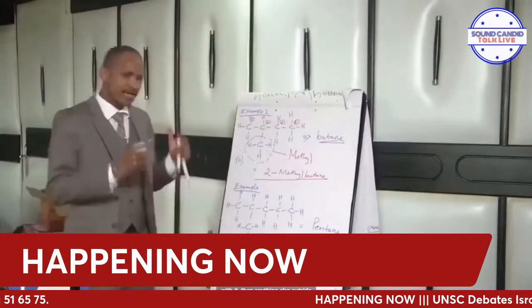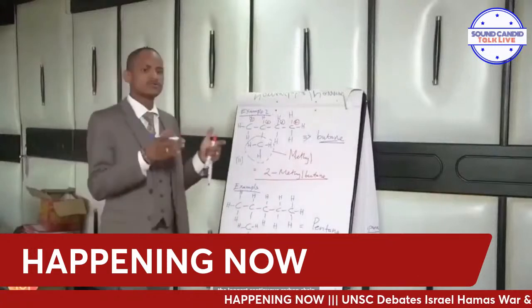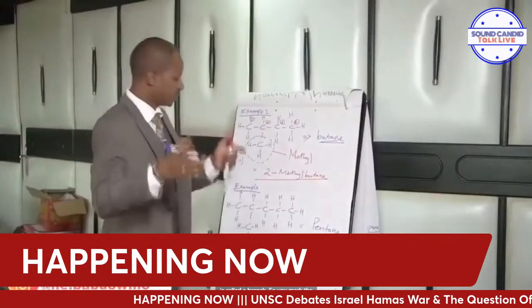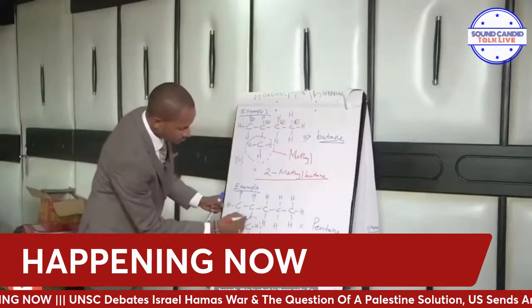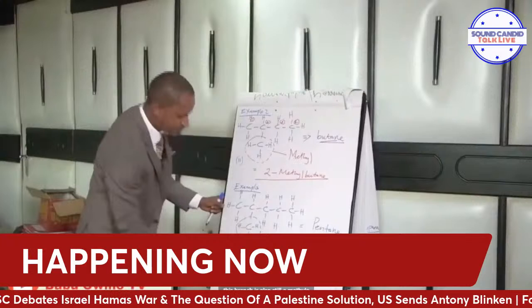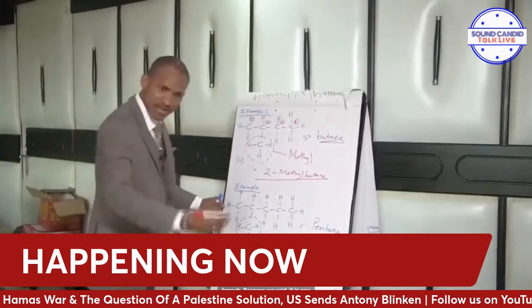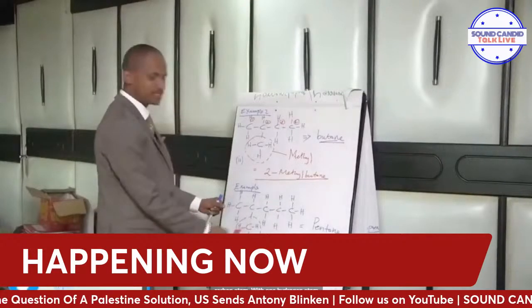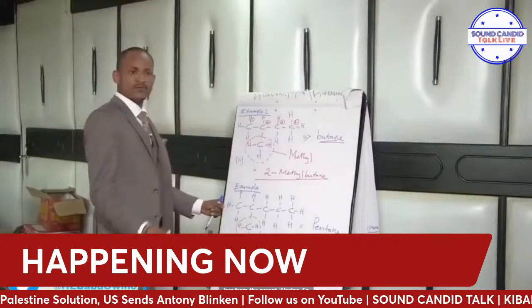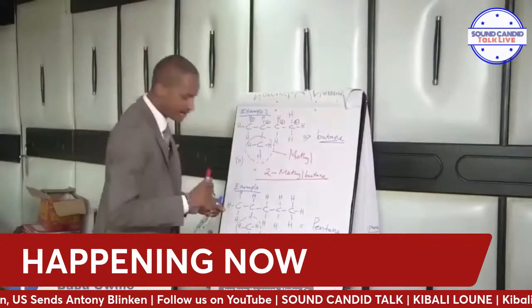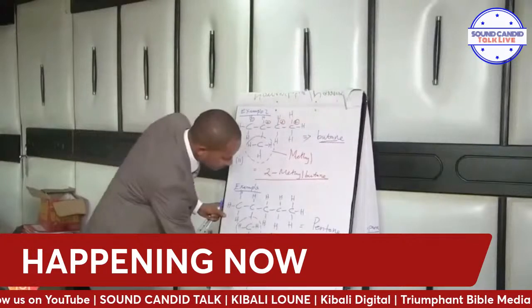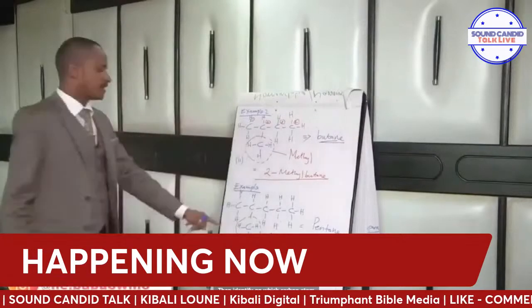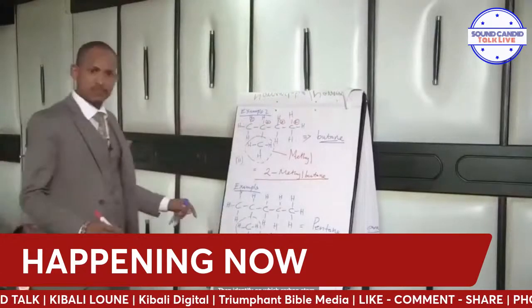Then anything else outside the longest continuous carbon chain is called a branch. So you mark the branch. This branch is also still a methyl branch, because we said it is one carbon atom with one hydrogen atom less from the parent alkane. So this is a methyl. Then identify on which carbon atom it lies.